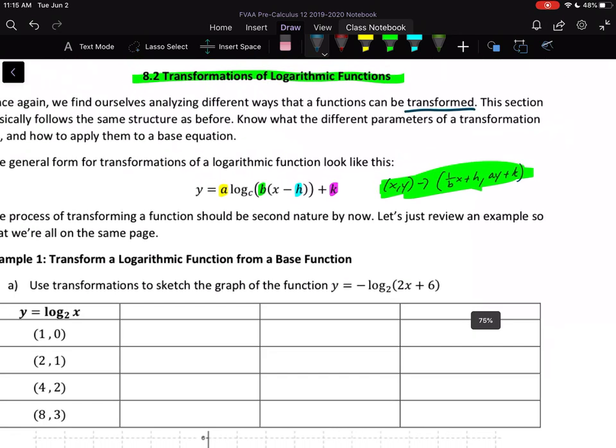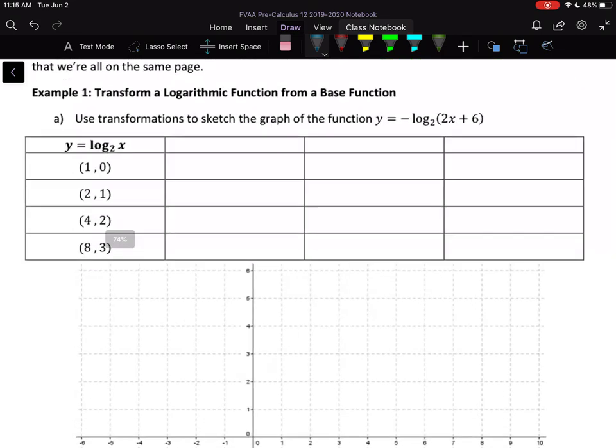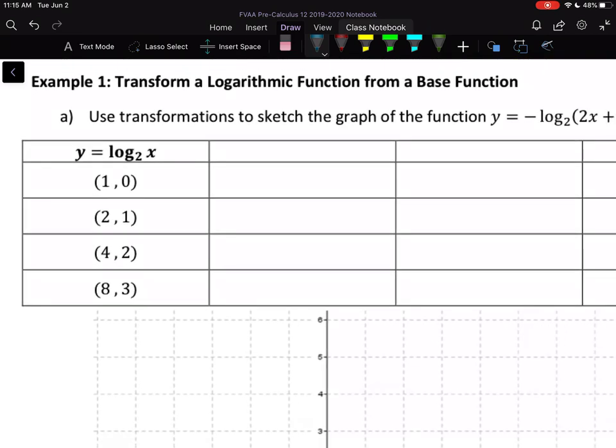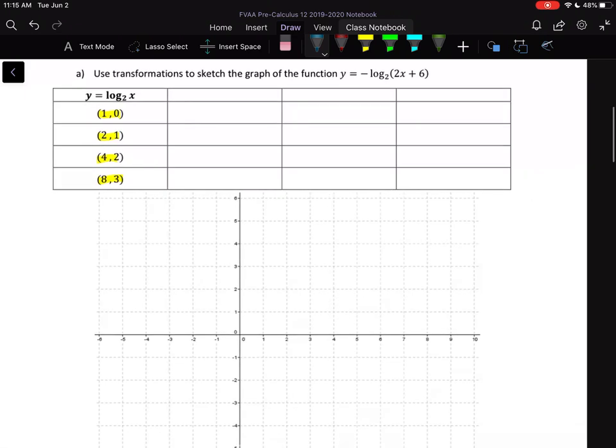So here they have a function y is equal to log 2x, and these are the points that they give us based on this function. These are going to be in green, and I'm just going to plot these and graph the line. So I have 1 and 0, which is here.